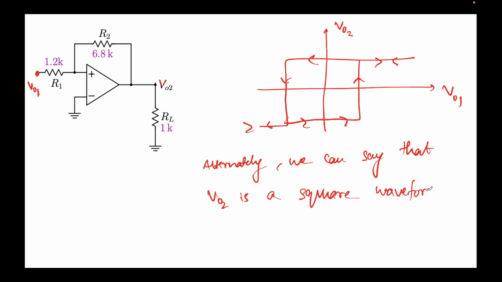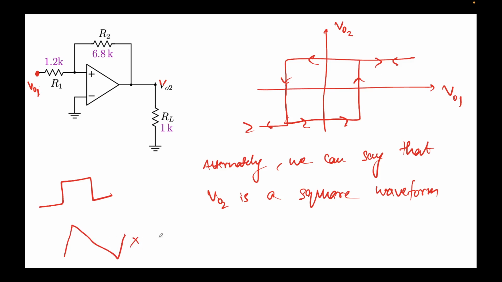Why I'm saying that is that a square waveform, which looks something like this, has only two levels, right? In this case, one level is this, other level is this. A triangular waveform, which looks something like this, will have multiple V out values for a given input, which is not the case here, right?